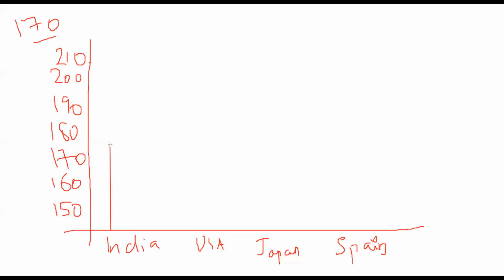So let me put it here, or we can put it this way as well. You will understand in a bit why I'm exceeding all the way up to 190. Let's suppose itna hai.